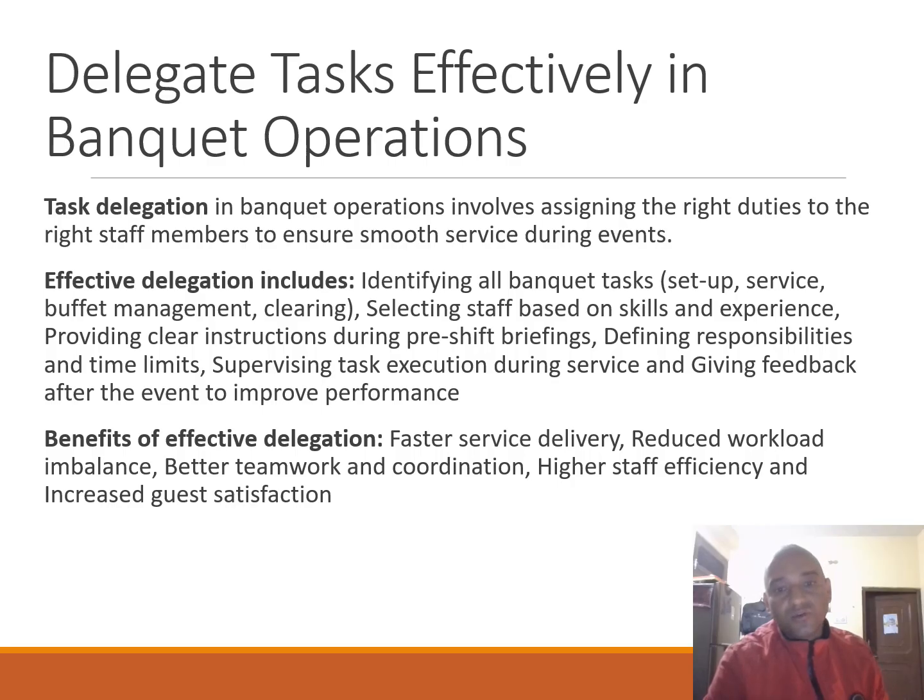Effective delegation includes identifying all banquet tasks: setup, service, buffet management, clearing; selecting staff based on skills and experience; providing clear instructions during pre-shift briefings; defining responsibilities and time limits; supervising task execution during service; and giving feedback after the events to improve performance. Benefits of effective delegation: faster service delivery, reduced workload, better teamwork and coordination, high staff efficiency, and increased guest satisfaction.